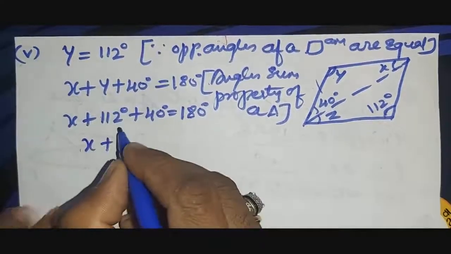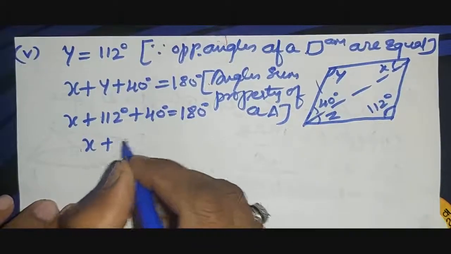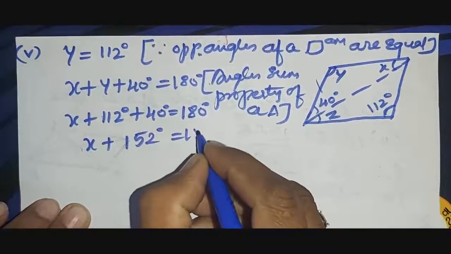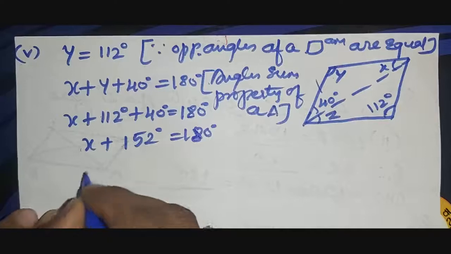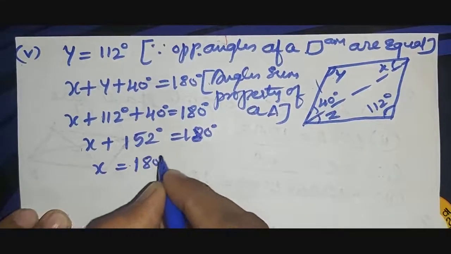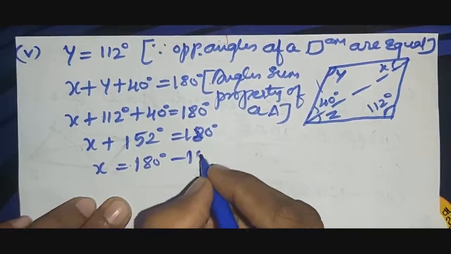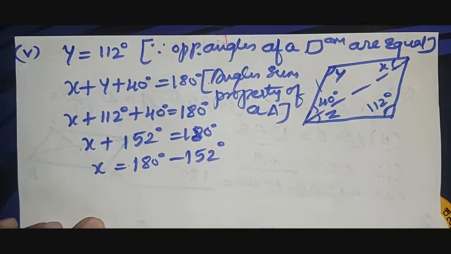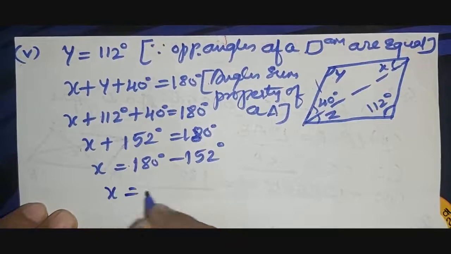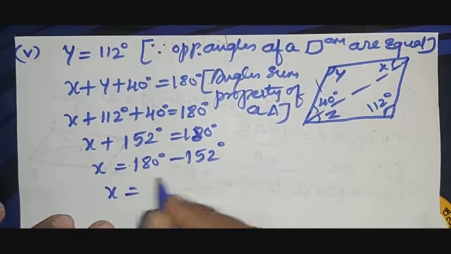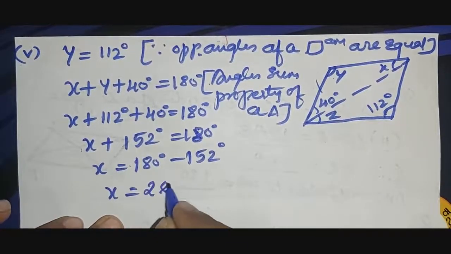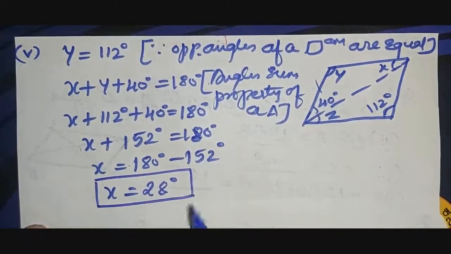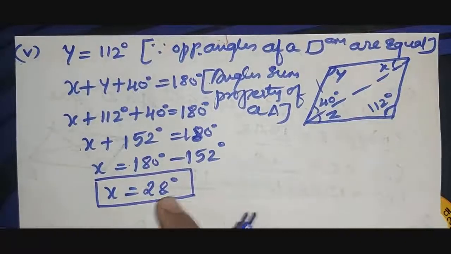X plus 112 plus 40, 152 degrees, is equal to 180 degrees. X is equal to 180 degrees minus 152 degrees, right? We will get here 28 degrees. X is equal to 28 degrees.